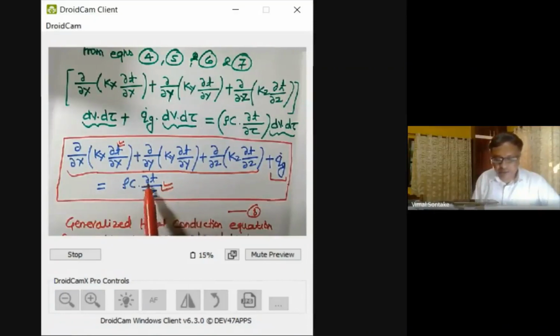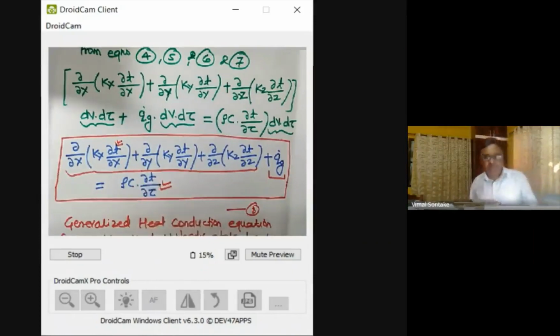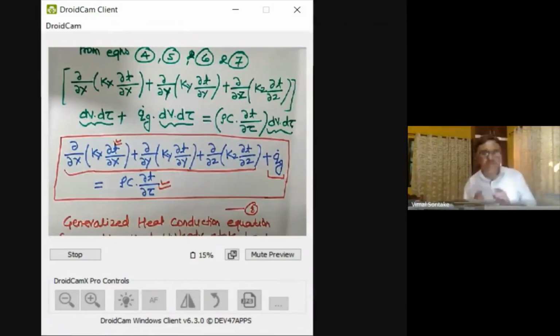Here this delta T is varying with respect to time, and whenever temperature or heat transfer varies with respect to time, we call it unsteady state heat transfer. So this term takes into account that factor. That is why it is called the generalized heat conduction equation in Cartesian coordinates.